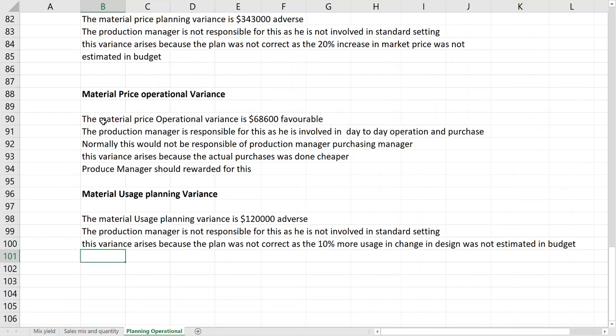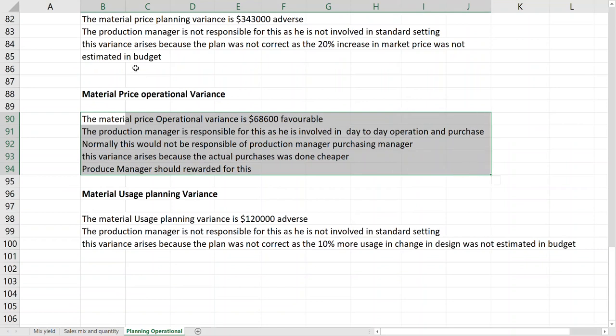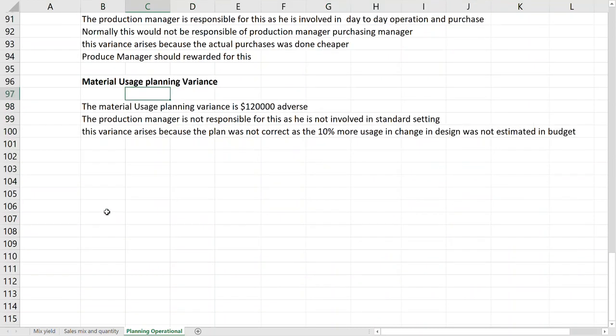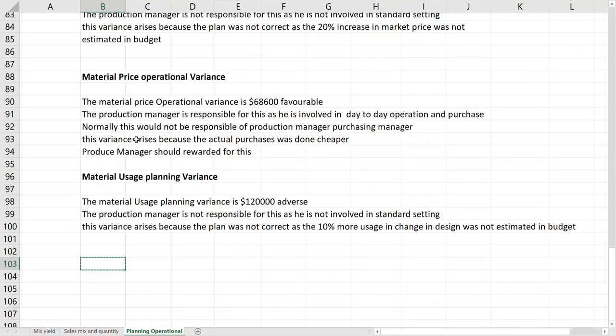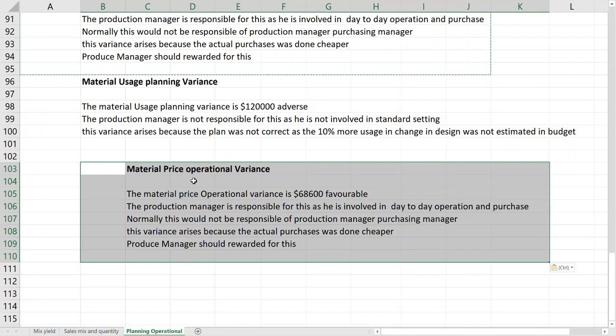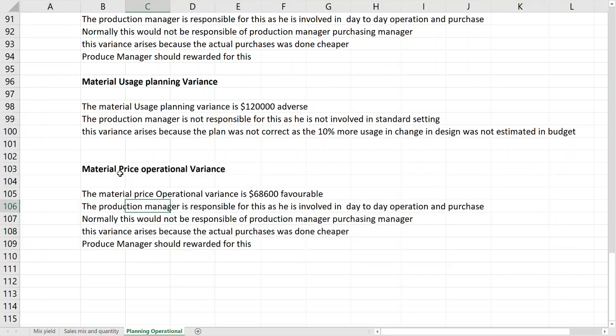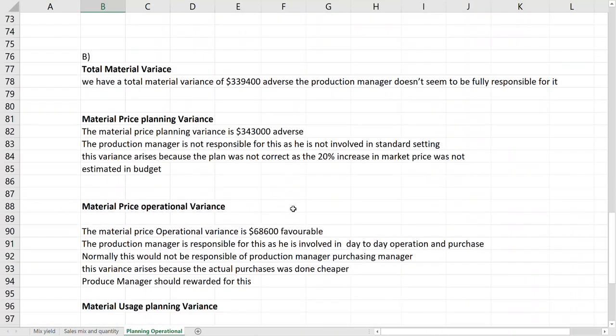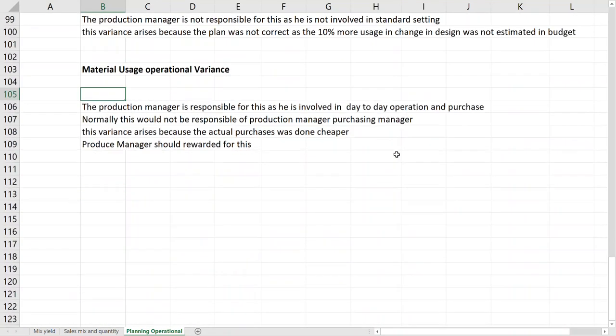Then I can copy this because the wording here is very similar. Remember, it's not about hard working, it's about smart working. I can just change this to usage operational variance. And the material usage operational variance is how much favorable? 55,000.